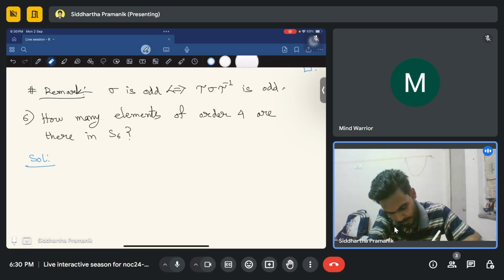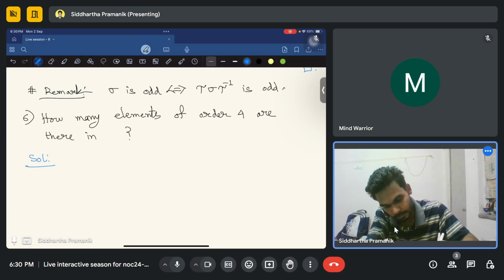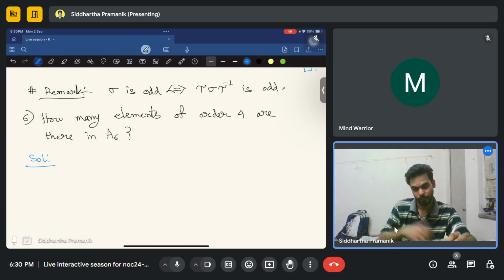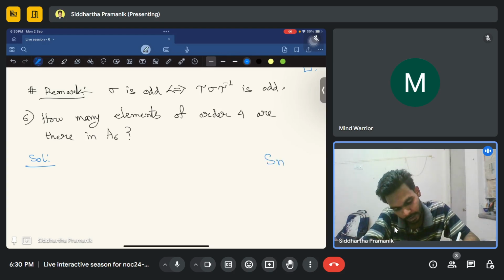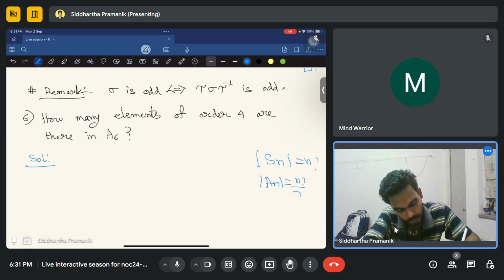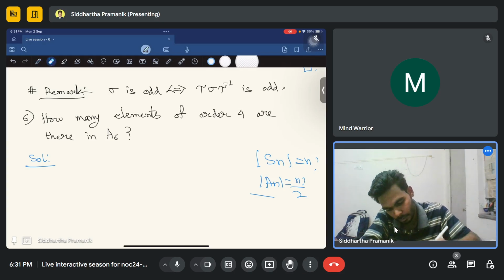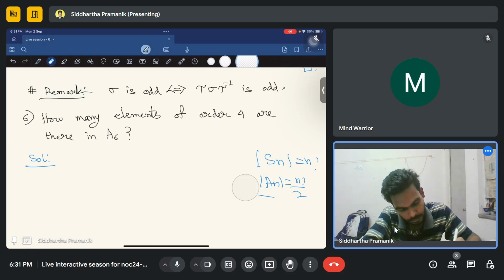Sorry, not S6, it is A6. Sn is a finite group. Its order is n factorial, we know. And An is also a finite group. So every element of An is of finite order. There are only finitely many of them. So this question makes sense.